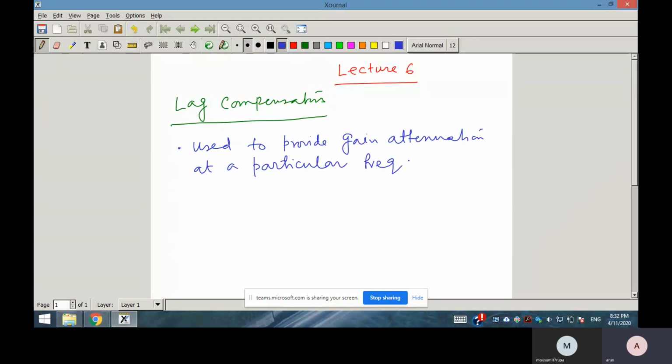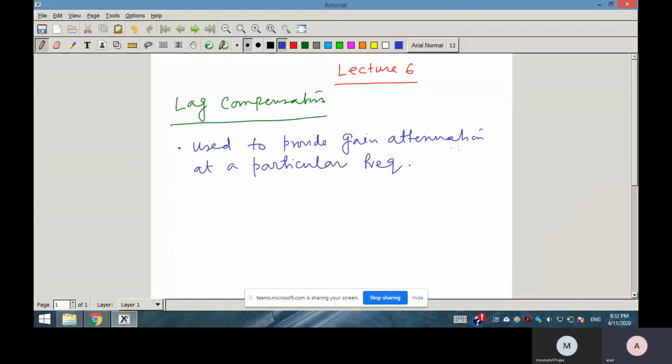But at the same time, when you are providing some gain attenuation, that means you are lowering down the gain curve of an uncompensated system. So at that time you also have to provide some phase lag.